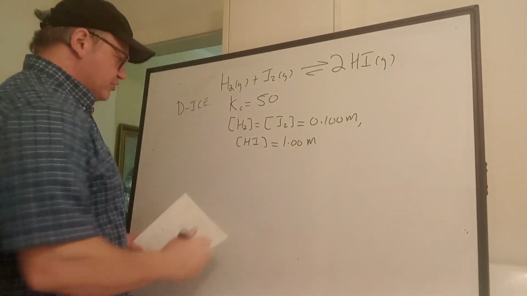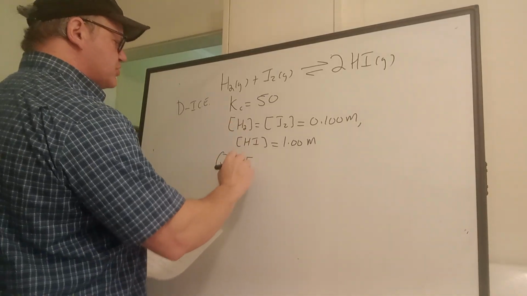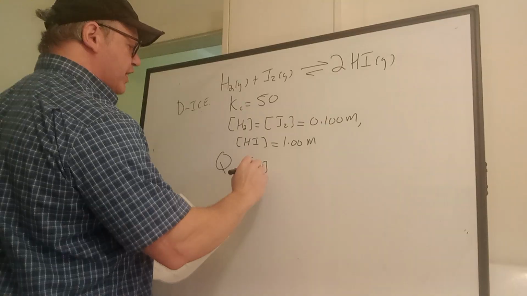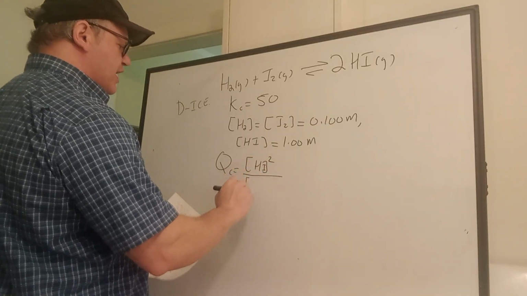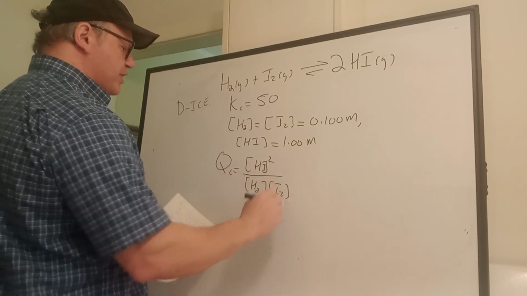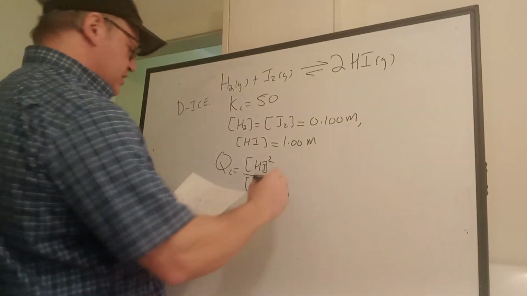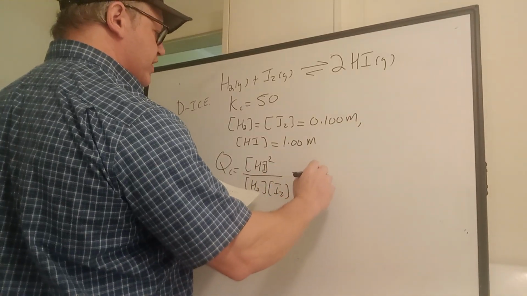So the first thing I would do is write what we call Q sub C. It's products, HI, don't forget to square the HI, and then we've got H2 and I2 in the denominator. And we plug in these initial values. We have 1, I'll write it formally, squared.